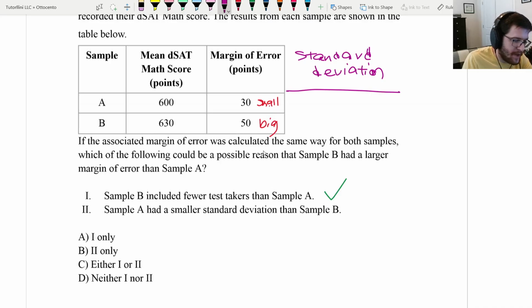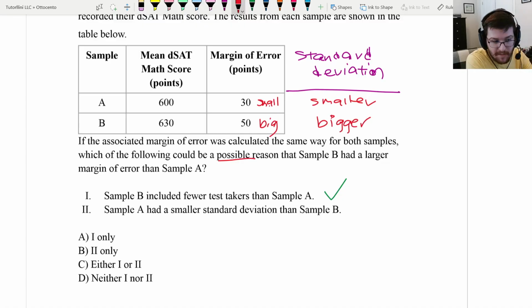Okay, so variability, standard deviation, is directly proportional with margin of error. So a smaller margin of error means a smaller standard deviation, possibly. That's what it says, just says possible reason. And a bigger margin of error means a bigger standard deviation, possibly.